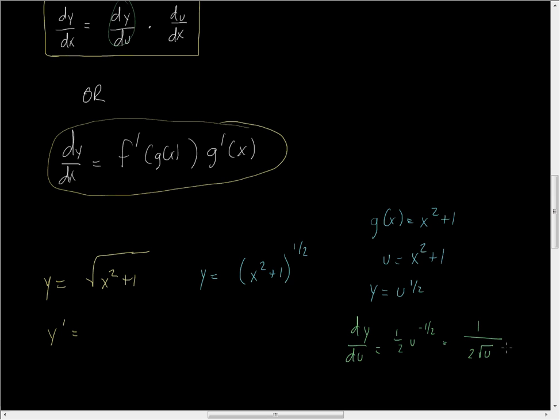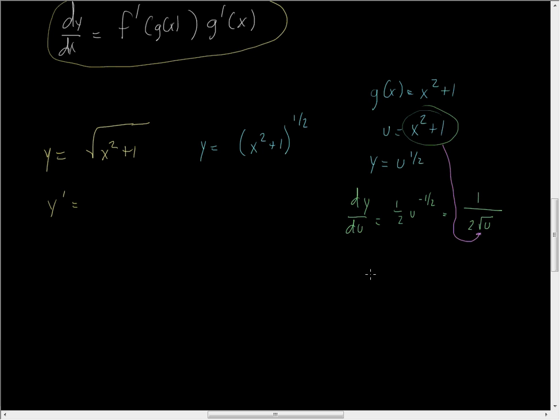Now keep in mind, u is actually x squared plus 1. So if I substitute that in for u, then the derivative of y with respect to u is equal to 1 over 2 times the square root of x squared plus 1. Well, that's dy du. We have that.